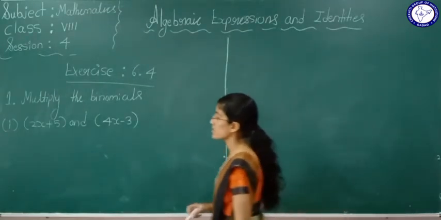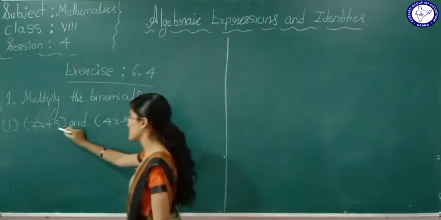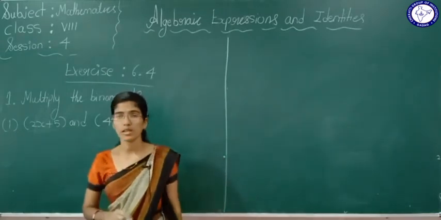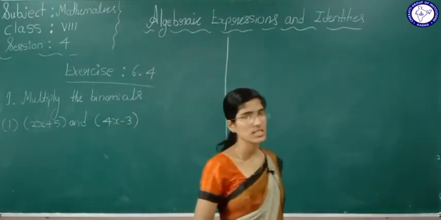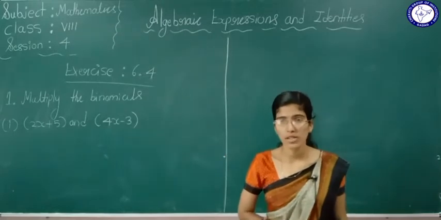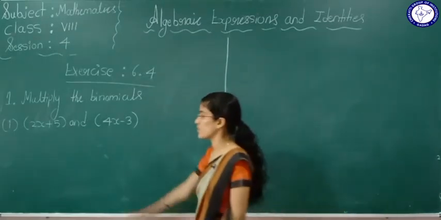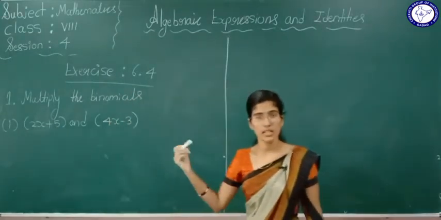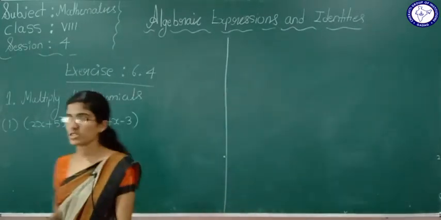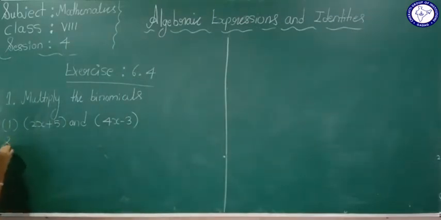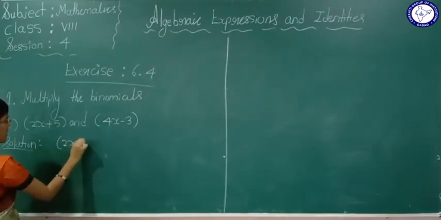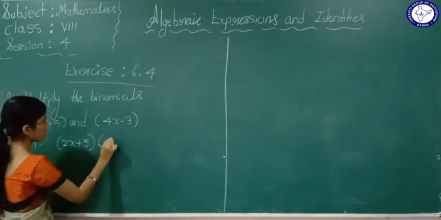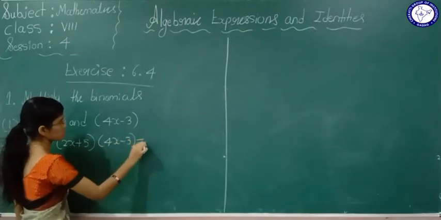Now see here, multiply the binomial. They have told this is a multiplication of a binomial by a binomial. I told you just now, right, how to multiply a binomial by a binomial. See, each term of this binomial you have to multiply with the every term of the another binomial. Now see here, solution. 2x plus 5 multiplied by 4x minus 3.